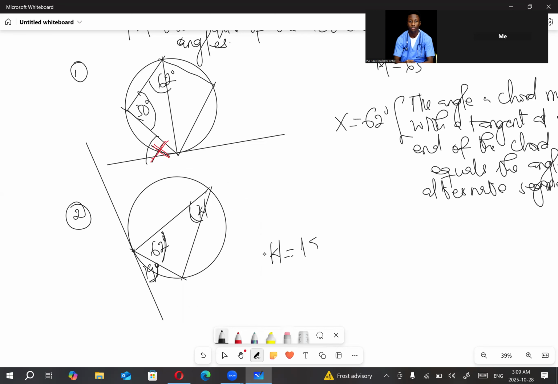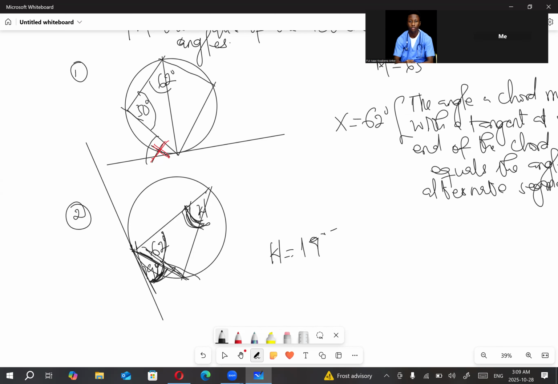And the reason is that this is a tangent, it's forming an angle of 19 degrees with the chord, like that. So the angle 19 degrees is equal to the angle in the alternate segment, the other segment here, not the 62.